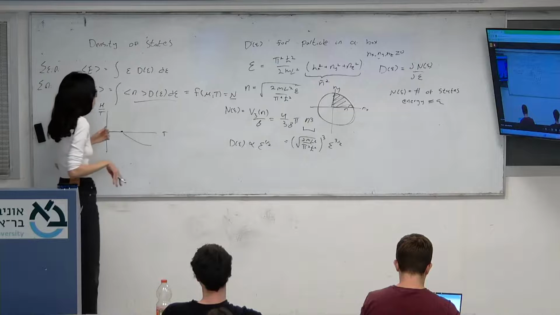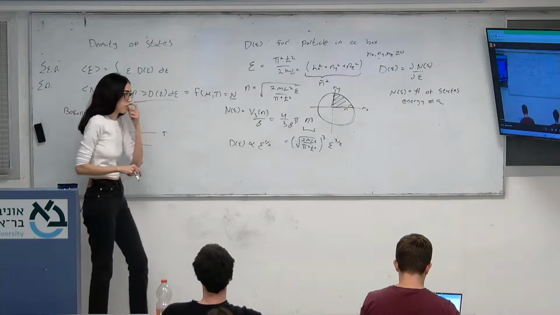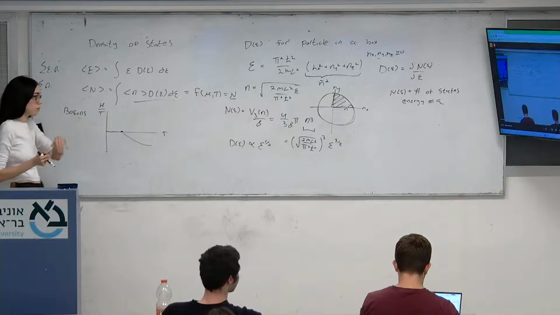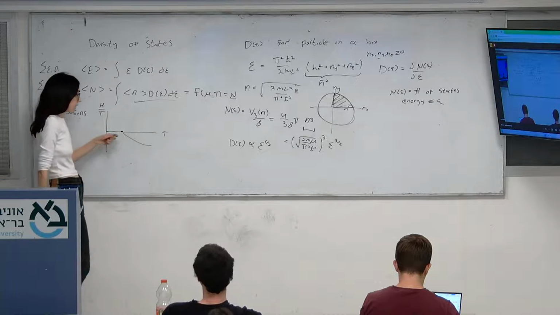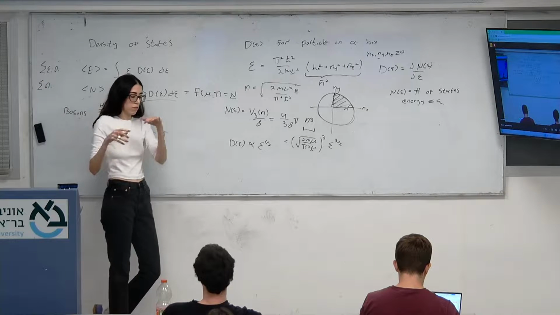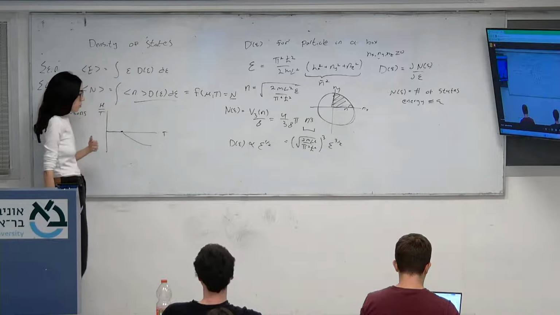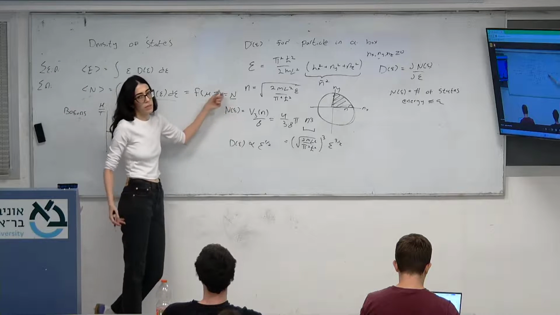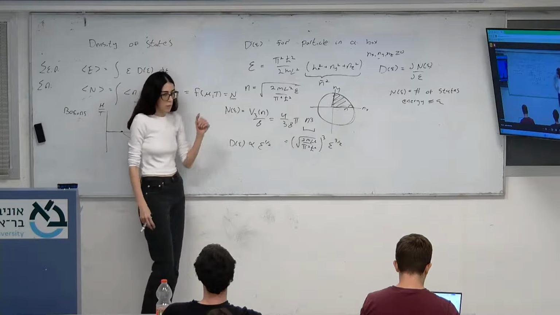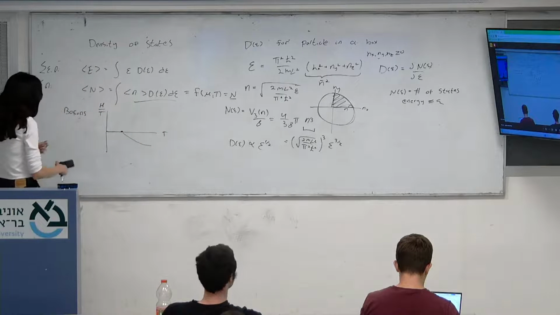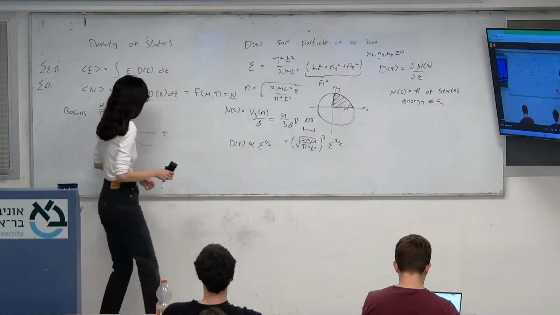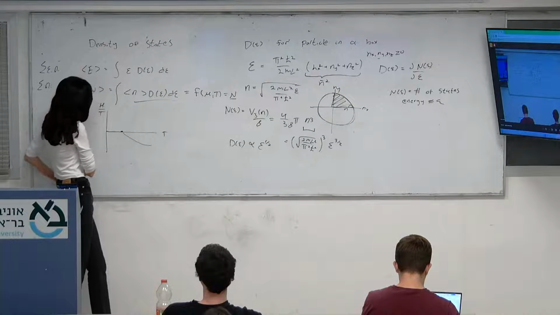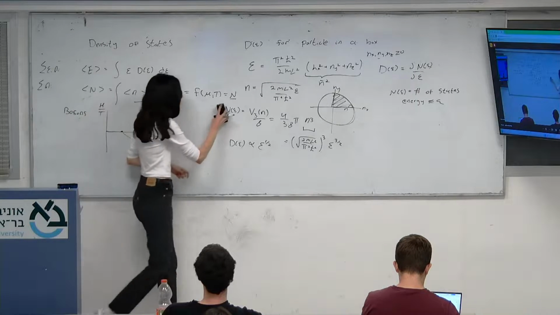If we ever talked about Bose-Einstein condensation, you have a gas of bosons, and if you go below some temperature, all of the particles collapse into the ground state energy of the system. So if you look at the integral, it's going to look like some of the particles disappear because they're all going to occupy the same energy level. So this is what's happening for bosons, and the other part is that the chemical potential that we get is negative.